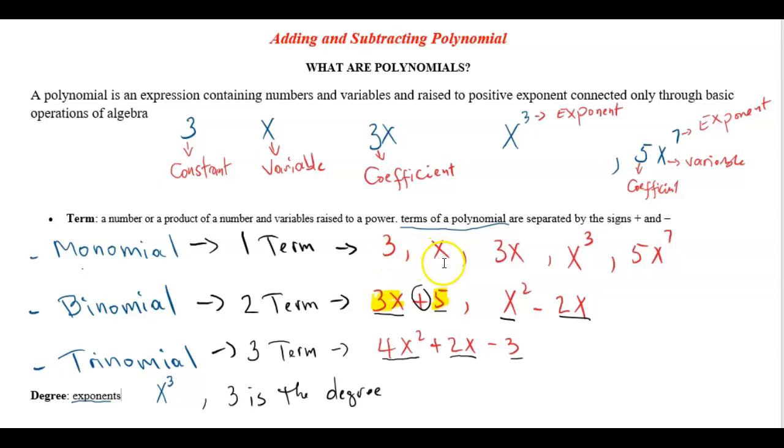x has no exponent. If you have a variable with no exponent, that's when the exponent is 1. Again, if you have a number standing by itself, the exponent is 0.